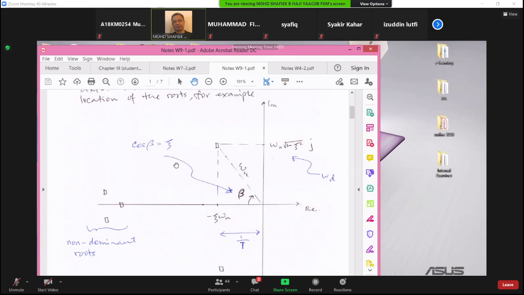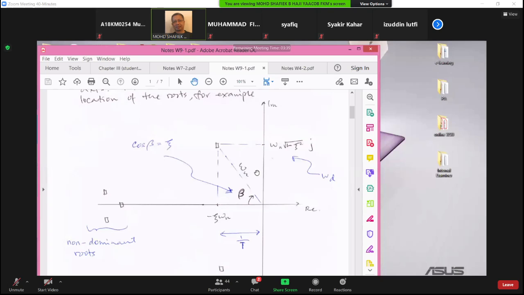And if the specification is given in terms of damping ratio, say the damping ratio must be less than 0.5, for example, then you need to measure the angle, and you should not go below that line.